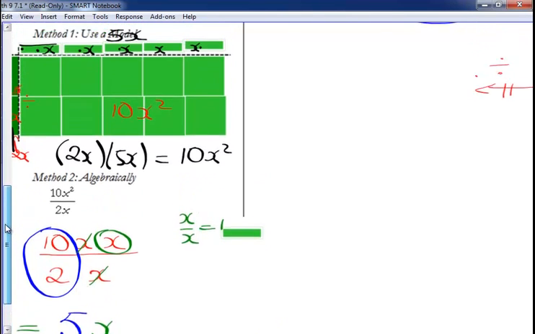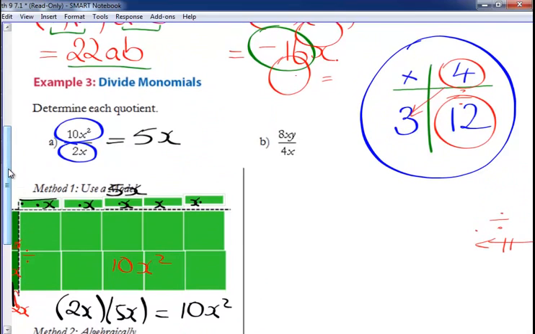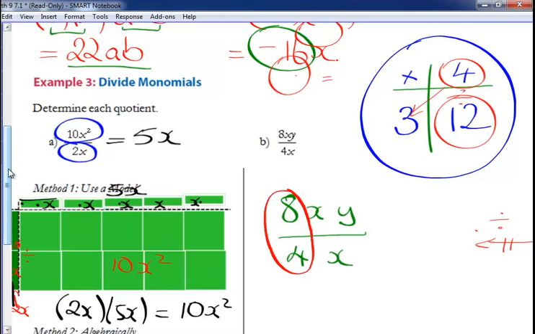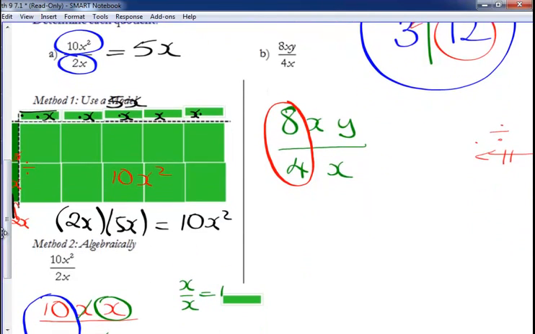Okay, let's do the one next door there. Look at what we've got. Now, I'm not going to use a model for this one. I'm simply going to use an algebraic method. So we've got 8xy, and on the bottom we've got 4x. Now, what do we do to start with? We deal with our coefficients first of all. 8 divided by 4. Well, that's a nice easy one, isn't it? That leaves us with 2.